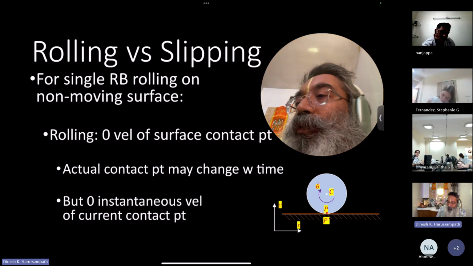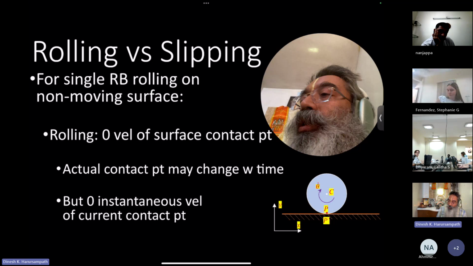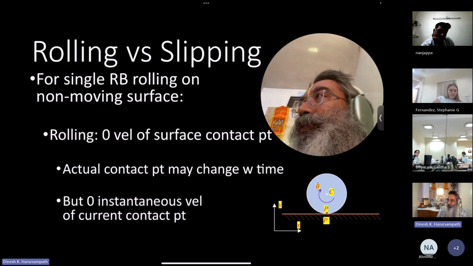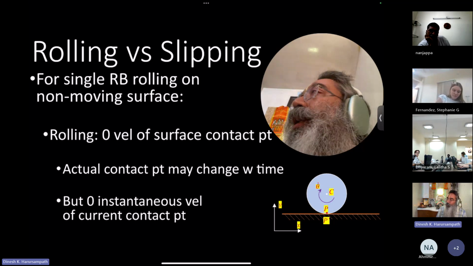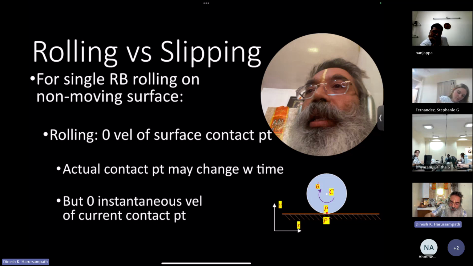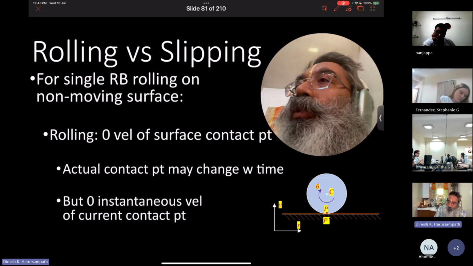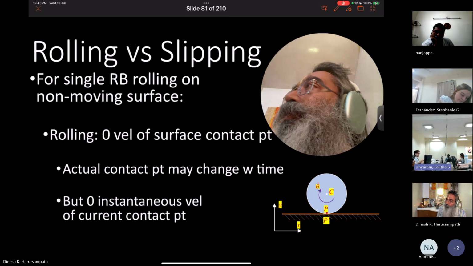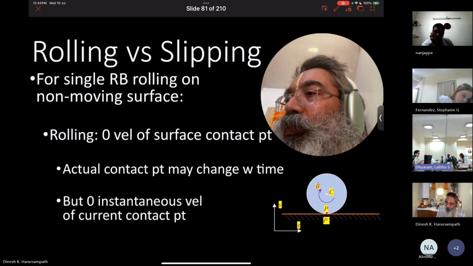And if you're talking of the relative velocity of P prime with respect to P, the frame of reference is the cylinder. Is that clear? So I take back what I said just before, that it is the inertial frame of reference. It's not. So when we're making the statement of zero velocity of the surface contact point, which one does that refer to?